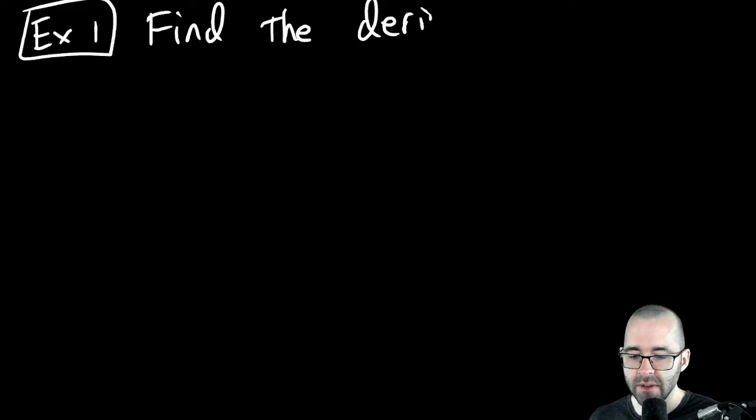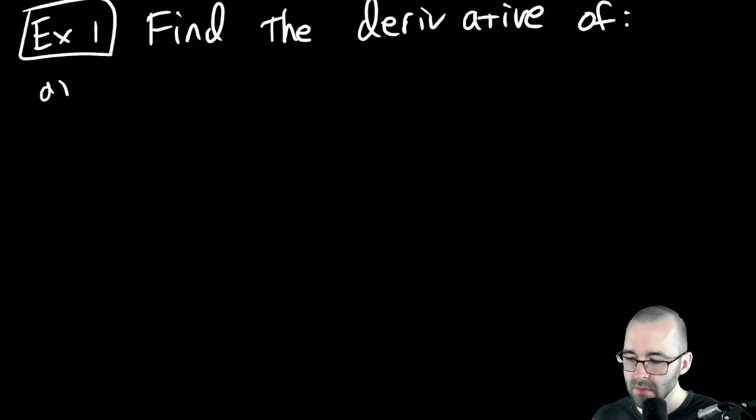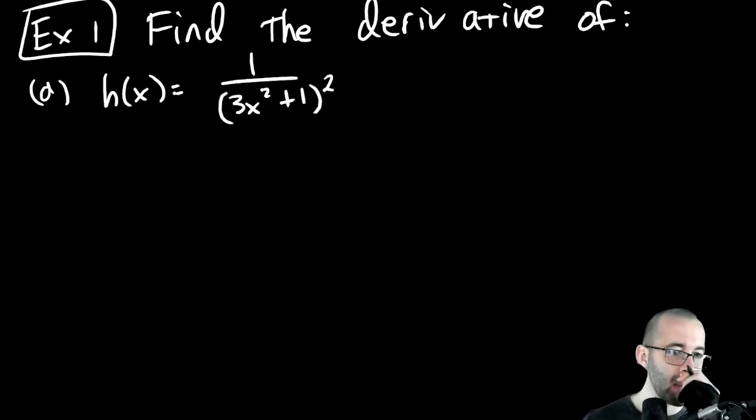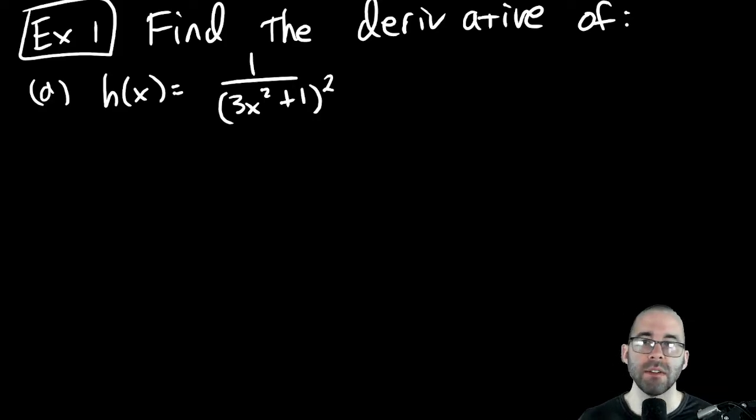Find the derivative of the following. h of x equals 1 over (3x squared plus 1) quantity squared. Okay, so first off, this is indeed function composition.